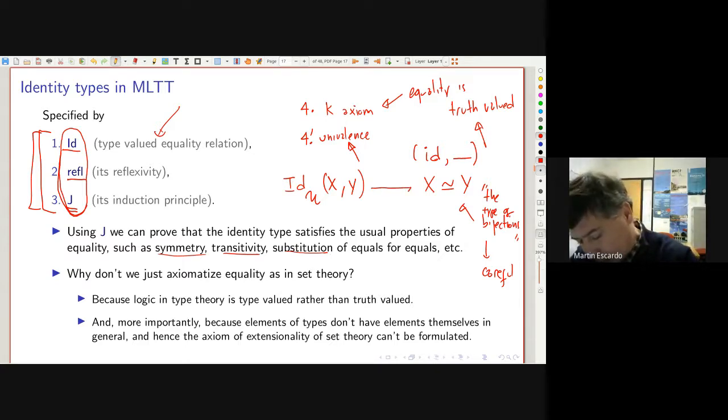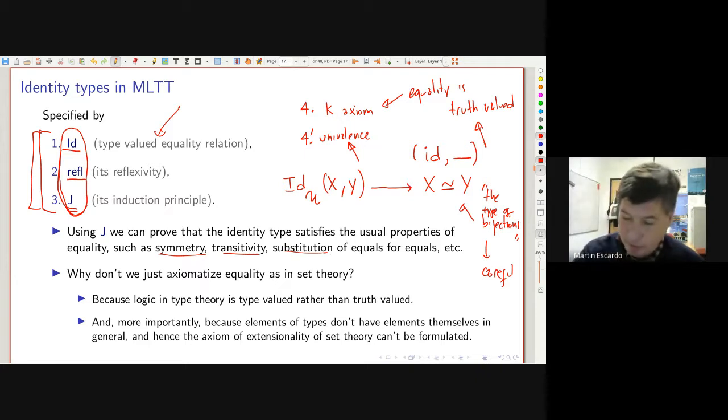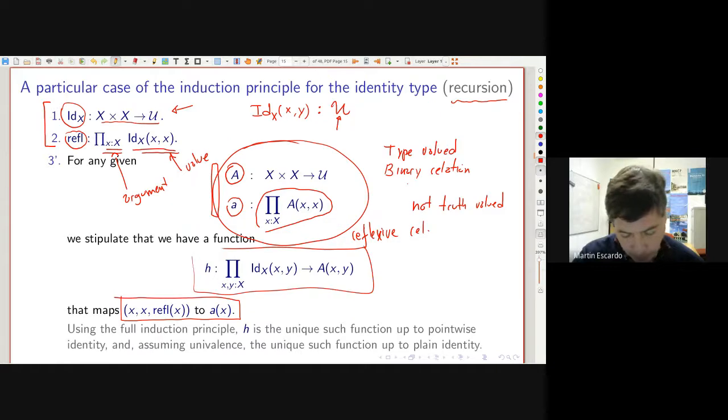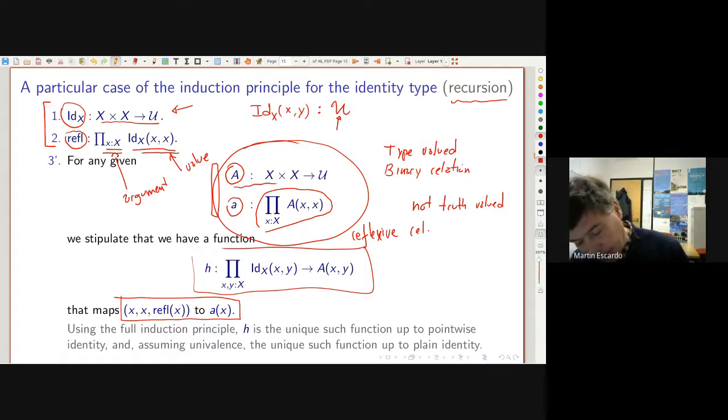And now let's go back a few pages here. Look at the induction principle, at the recursion principle. The recursion principle says if you have data like this, okay, so now we take A to be this notion, to be the type of bijections. So given 2 things, you look at the type of all bijections.